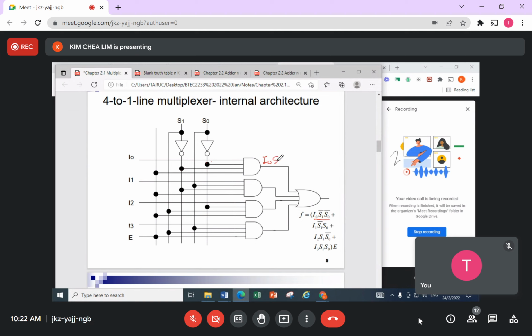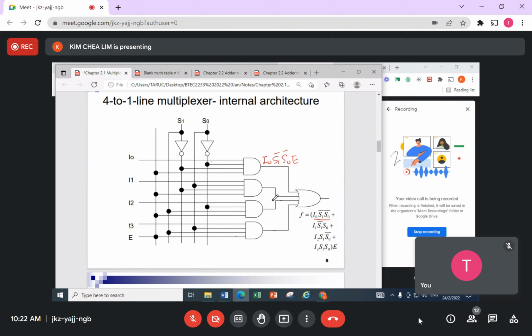So S1 bar, S0 bar, I AND them together, and in this case I must make sure my enable is working, E is a 1. I put a 1 here. Same thing, the second one comes from here, third comes from here, fourth comes from here. So this all tells me that I OR them together.